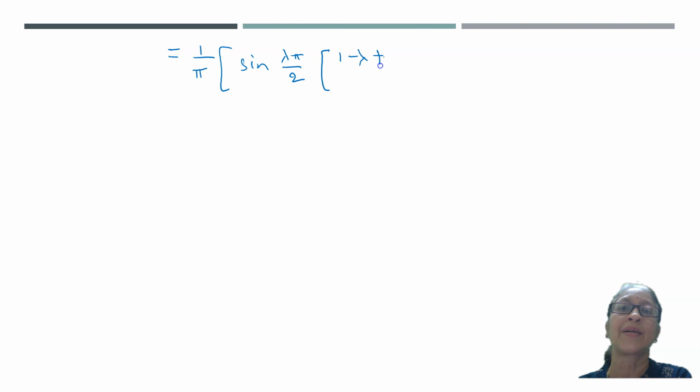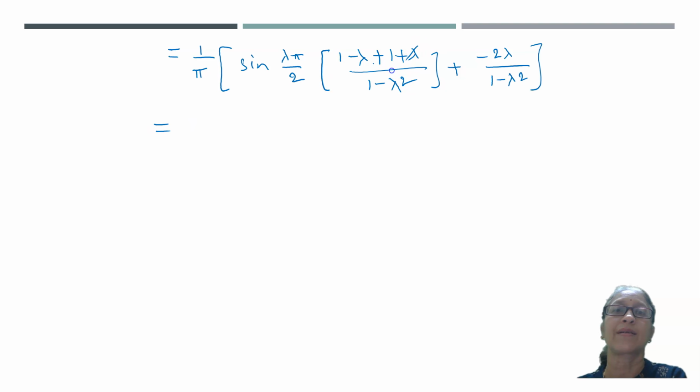That is 1 by pi into sin lambda pi by 2. Then here LCM is (1 minus lambda) plus (1 plus lambda) upon (1 minus lambda square), plus minus 2 lambda upon (1 minus lambda square).